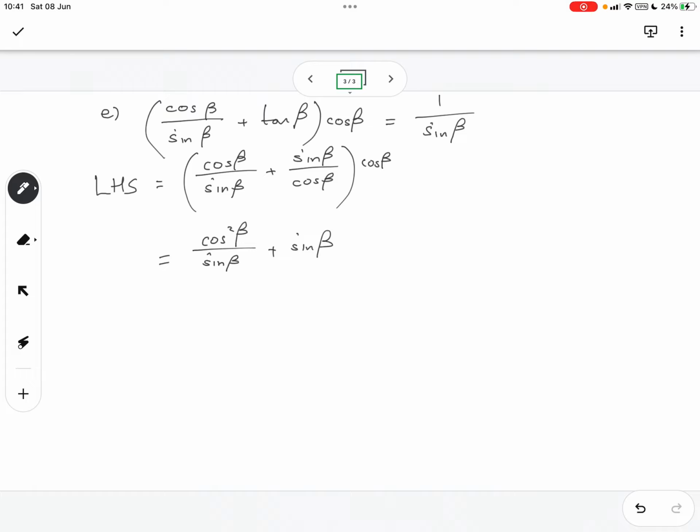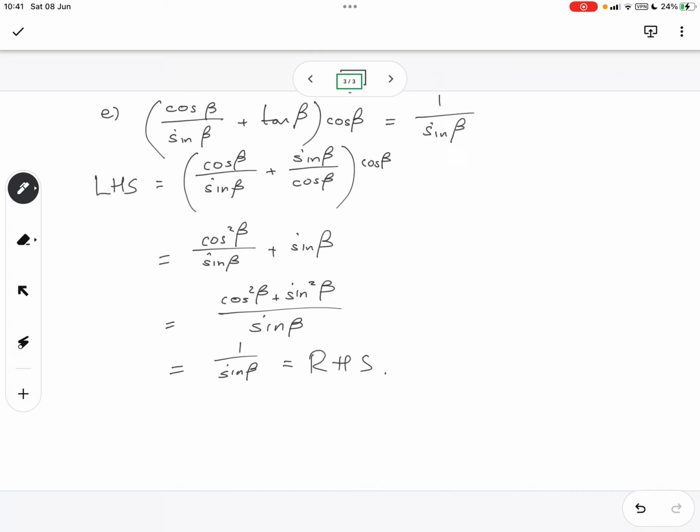Then if we multiply there, we get cos squared beta over sine beta plus sine beta, which gives us over sine beta, cos squared beta plus sine squared beta.